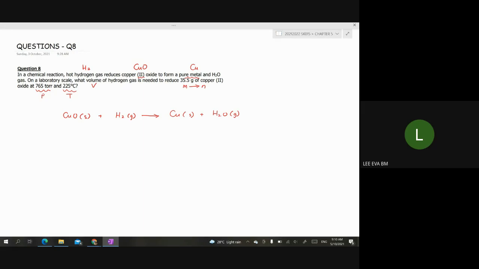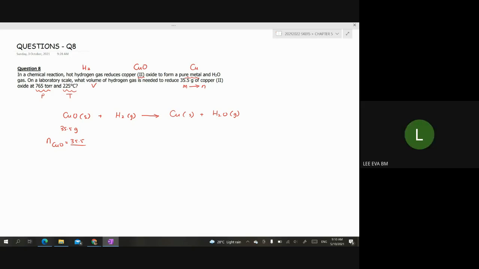Okay. So what informations we have got over here, we extract, we bring down into your equation. We got 35.5 gram of copper 2 oxide. Okay, so in this case, we know what is the number of mole of copper oxide, isn't it? We try to calculate straight away. What is the molar mass of copper oxide? Any idea? 79.6.